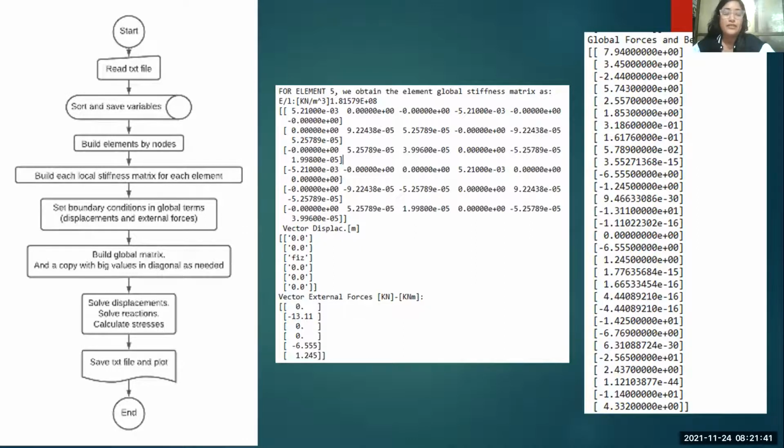All the results are saved in our results text file.